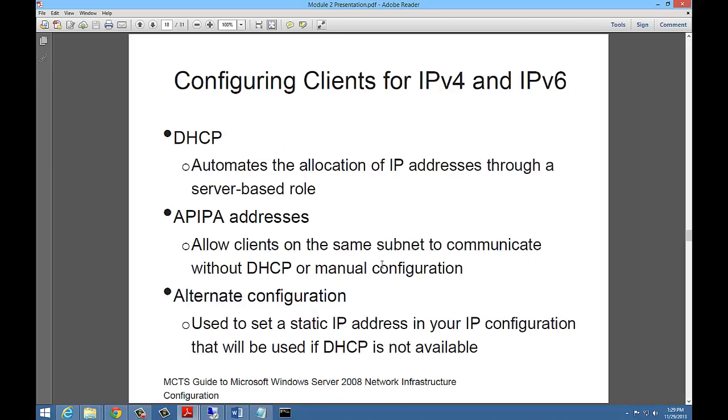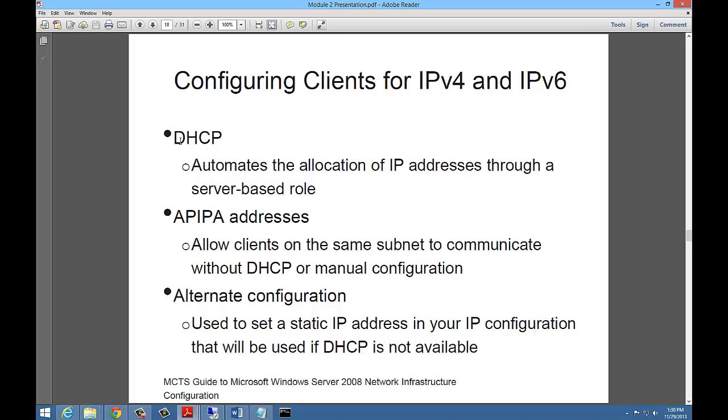Configuring clients for version 4 and version 6. DHCP, we'll be setting up a DHCP server in one of the future modules, so you'll be able to see how automatic IP addressing from a server is set up. APIPA is automatic private IP addressing. This happens in a computer when it does not see a DHCP server.